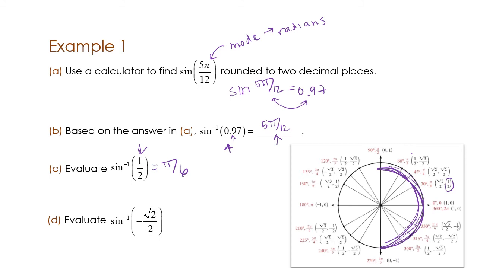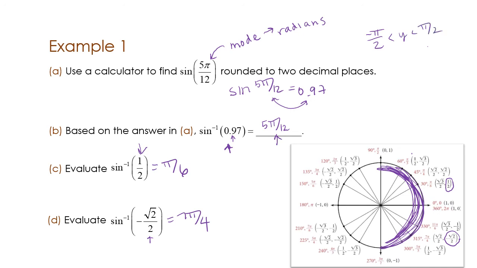If we were asked to evaluate the sine inverse of negative root 2 over 2, again it's sine inverse, so we're restricted to just this part. Now this is saying the sine is negative root 2 over 2. What angle gives us that? Negative root 2 over 2 is here. The angle that gave us that was 7 pi over 4. So this is just reversing it. However, I can't call it 7 pi over 4 because that is not in the range, which we said is between negative pi over 2 and pi over 2.